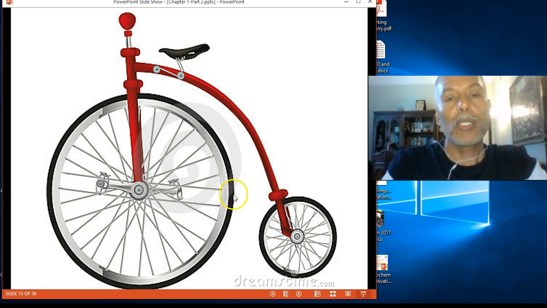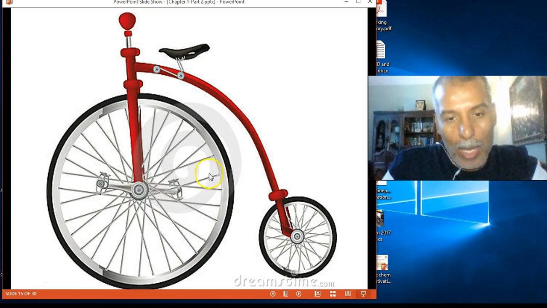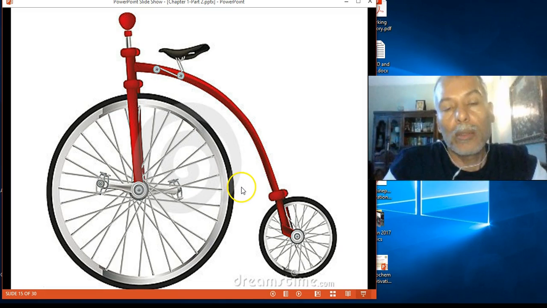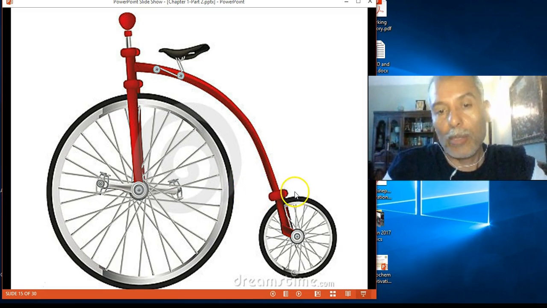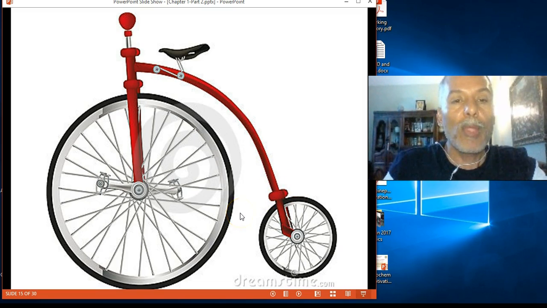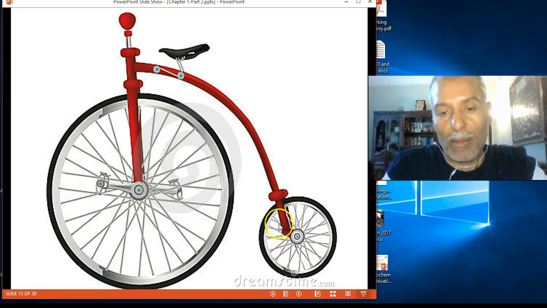So think about it this way. Here are two wheels, and you can ride this bicycle for one single minute, and then say, how many rounds will each one of these wheels make in that single minute?